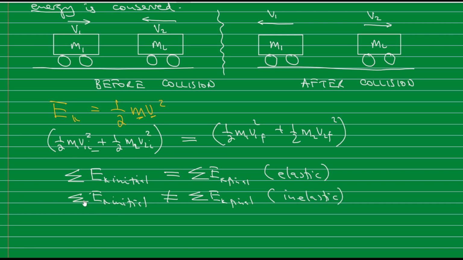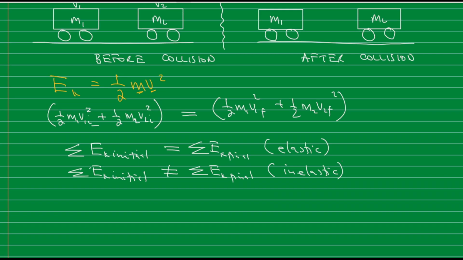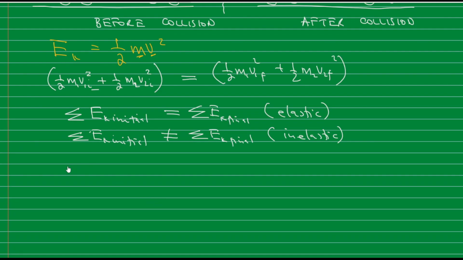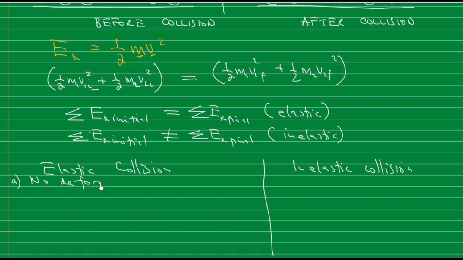Now, some of the characteristics that we find, if you are going to identify an elastic collision, we can also state some differences between elastic and inelastic collision. Number one, in an elastic collision, there is no deforming of objects.